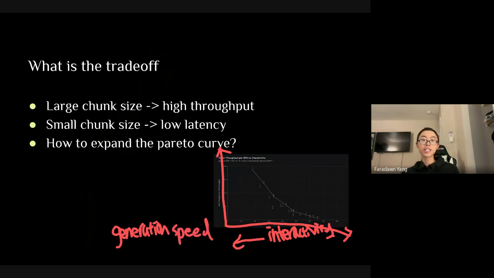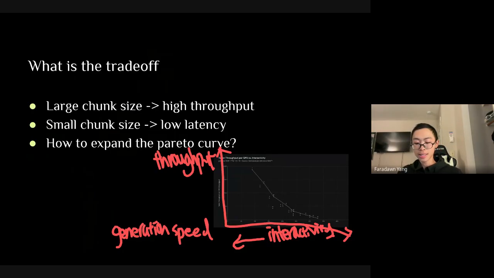That measures the decode speed. On the y-axis, it is throughput. So how many requests you can process together.